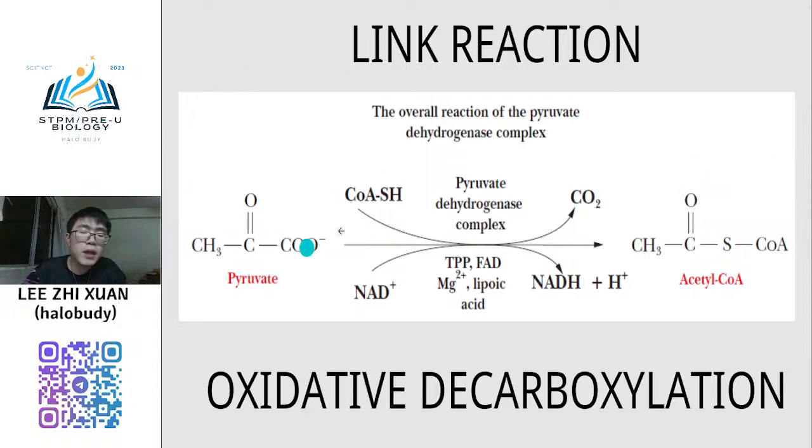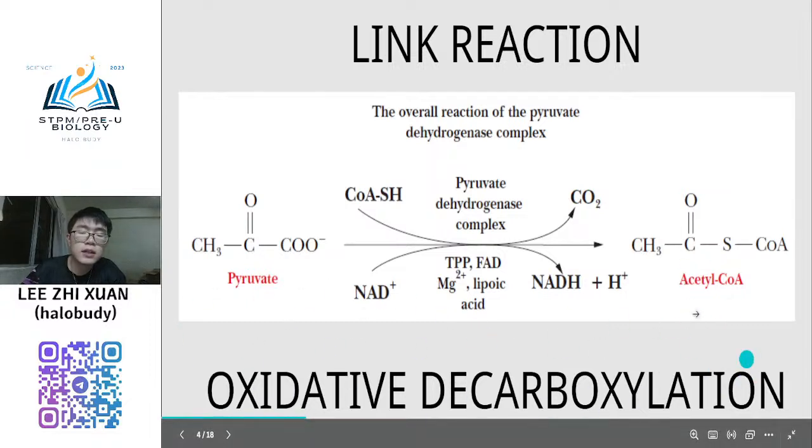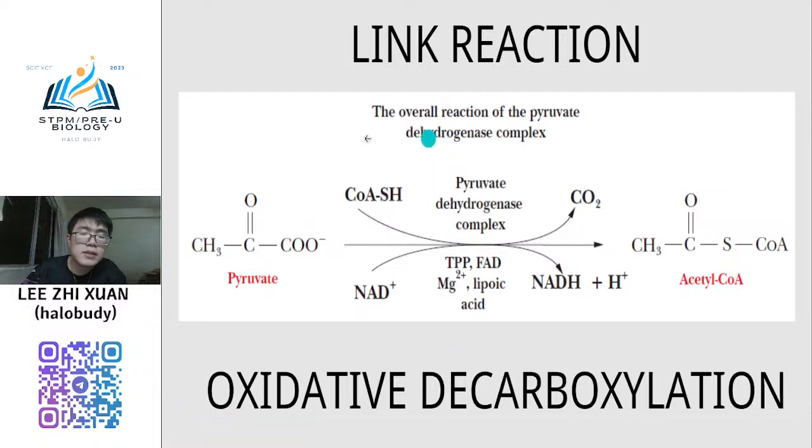Pyruvate is oxidized to form acetyl-CoA, and the reaction name is oxidative decarboxylation. If you see the middle part, there are many components, right? The enzyme used in this reaction is called the pyruvate dehydrogenase complex. Why complex? Because it contains many enzymes. This reaction is very complex.